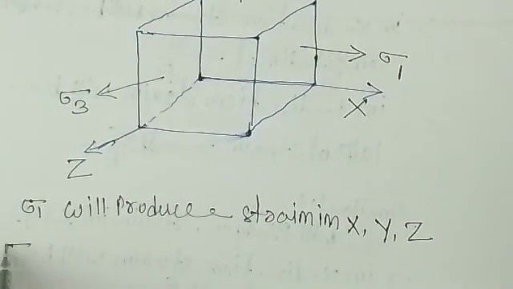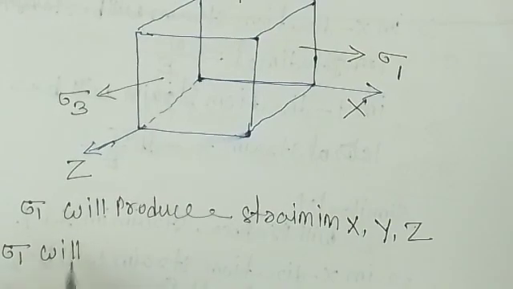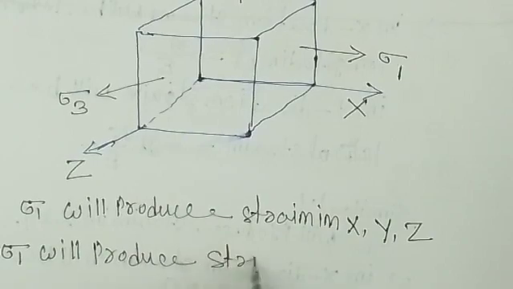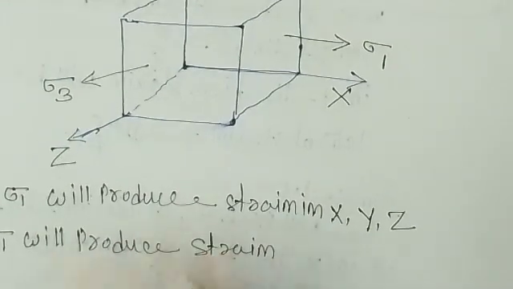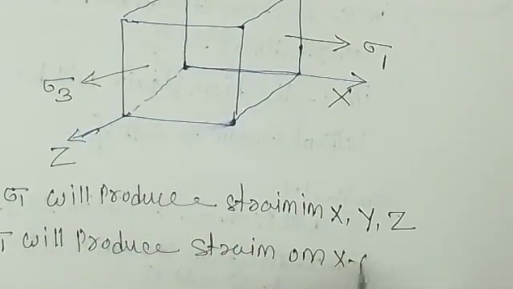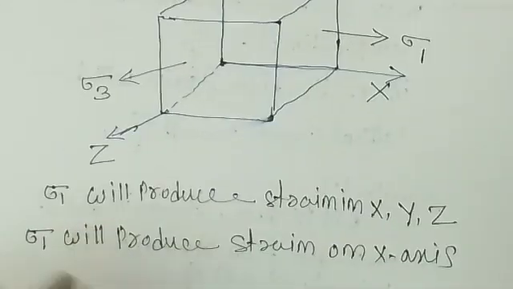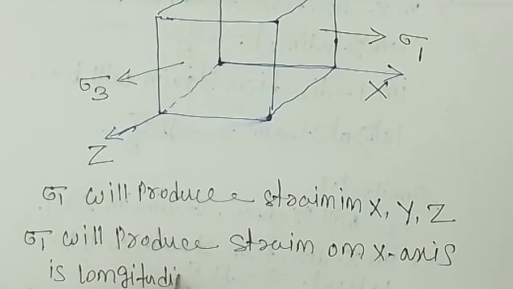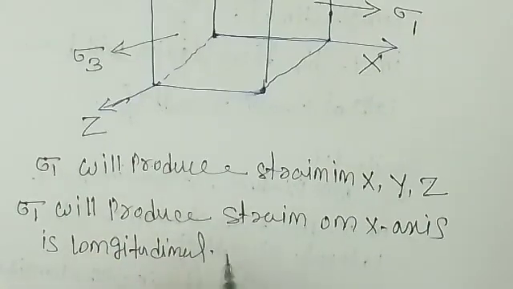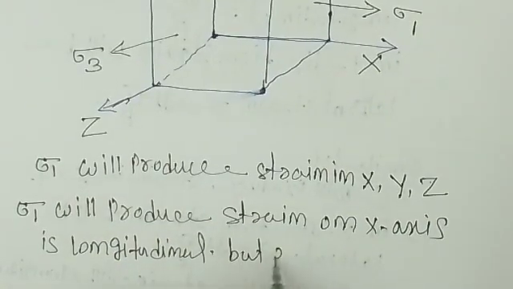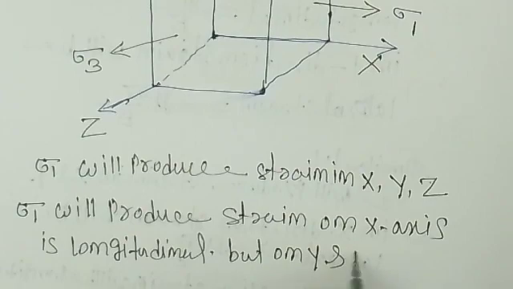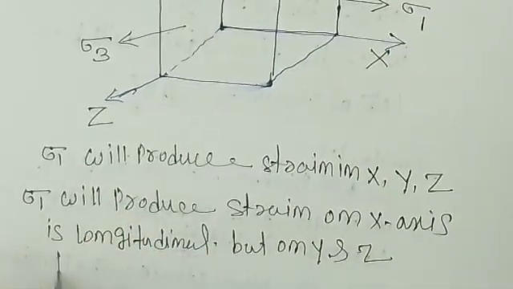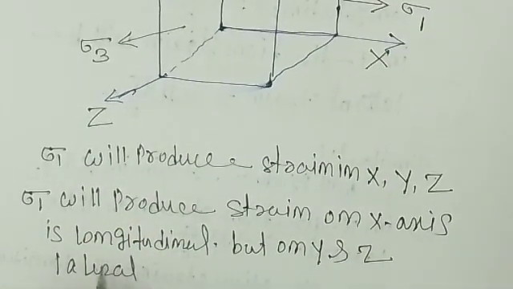Sigma 1 will produce strain on the x-axis that is longitudinal, but on y and z it will be the lateral strain.